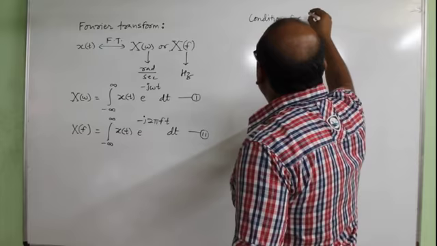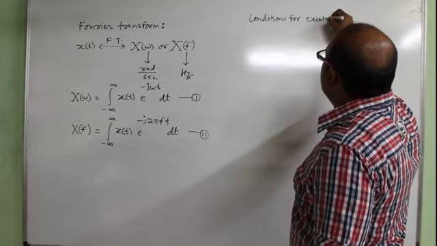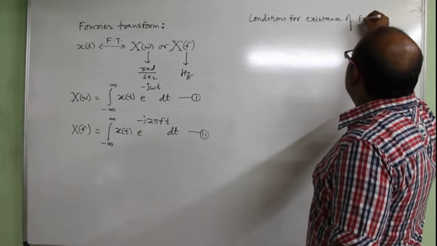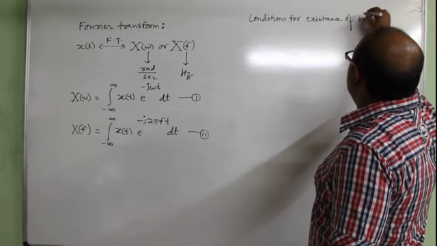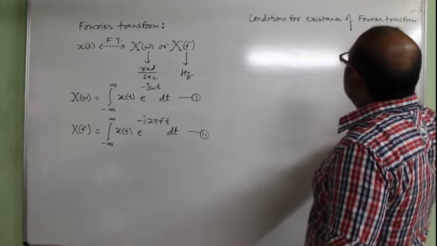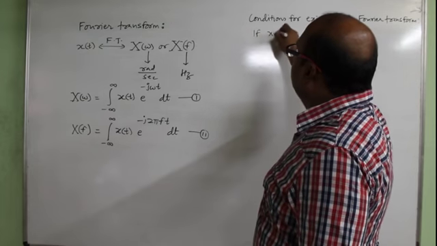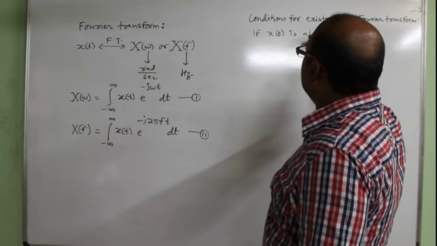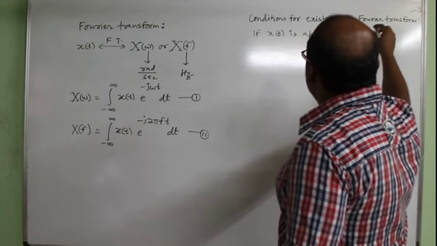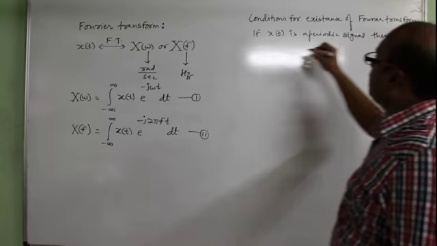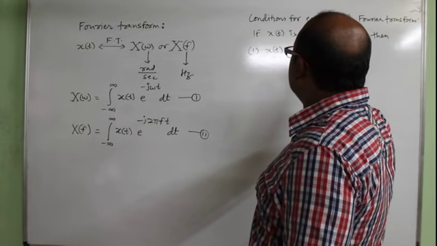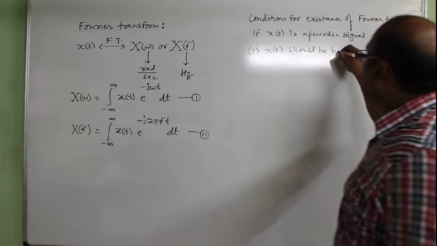Condition for existence of Fourier transform: if x(t) is an aperiodic signal, then first, x(t) should be a bounded signal.